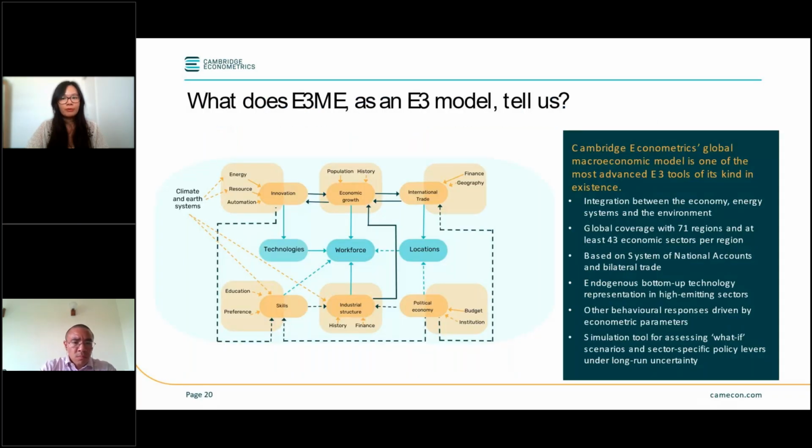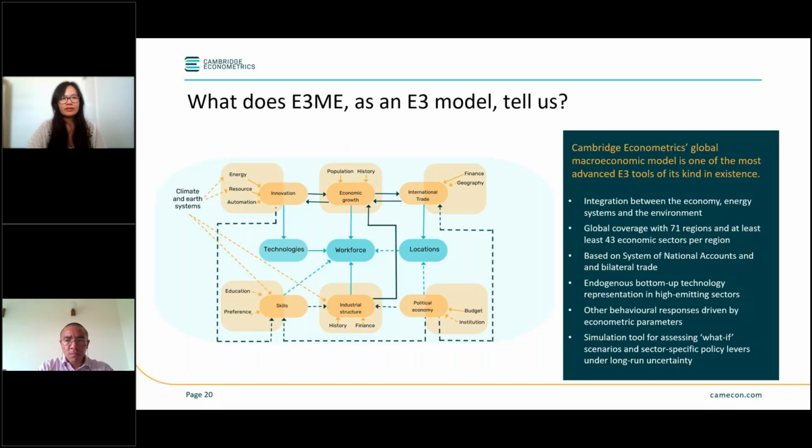And we'll do that by using some examples from E3ME applications in our work. And to remind you, E3ME is a global macroeconomic model with sectoral disaggregation. It is centered around the system of national accounts and bilateral trade relationships.